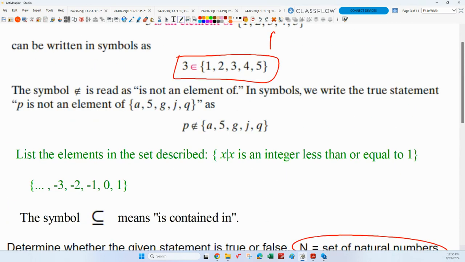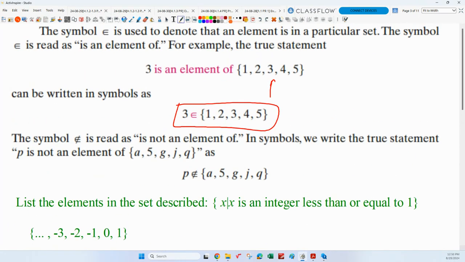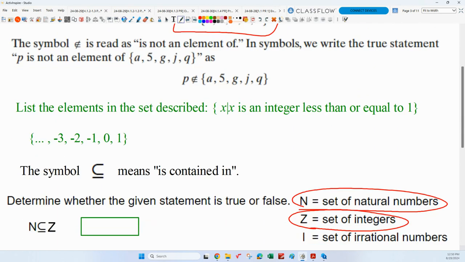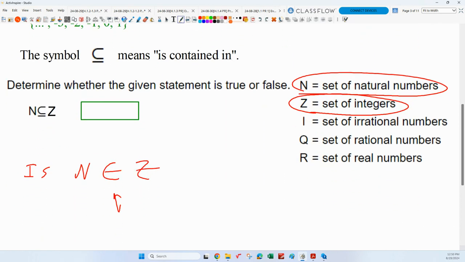So it's true to say that 3 is an element of this set because 3 is an individual piece of that set, right? But I can't use that terminology or that symbol when I'm talking about a set inside of another set, right? Then I have to use this one instead. It replaces it. This means is contained in.